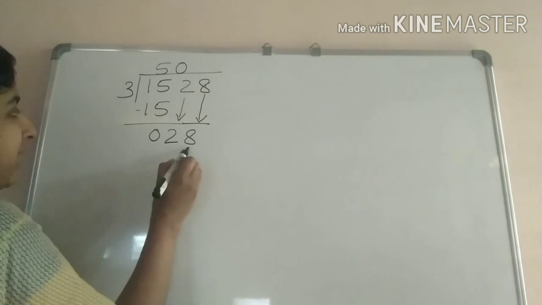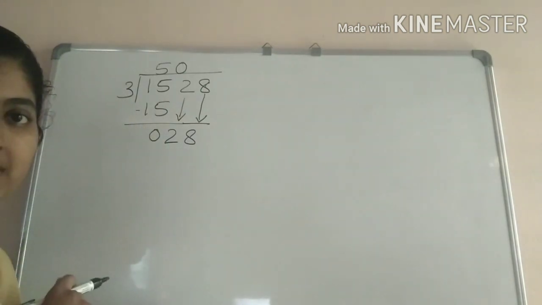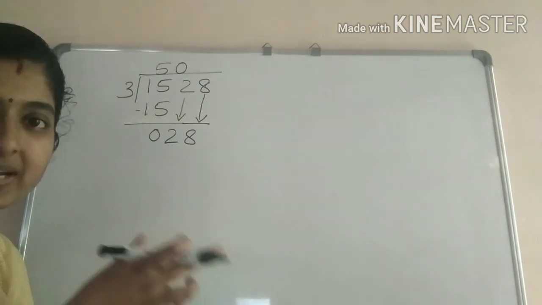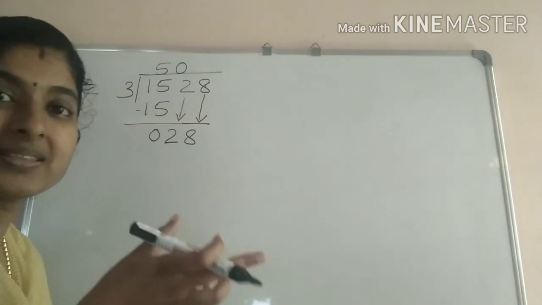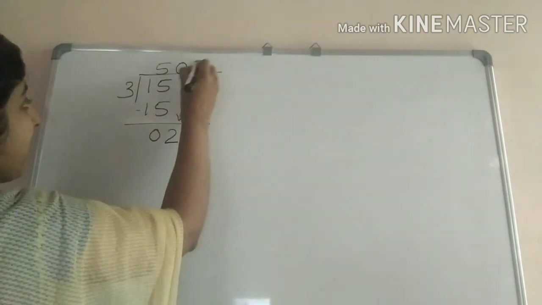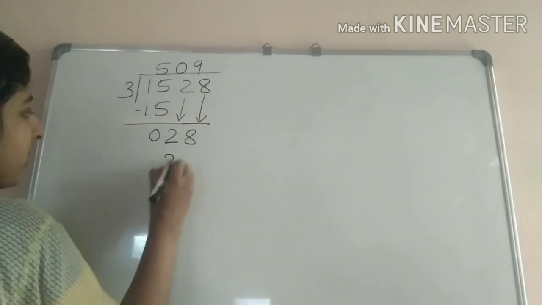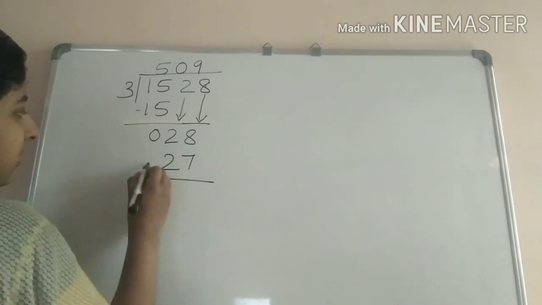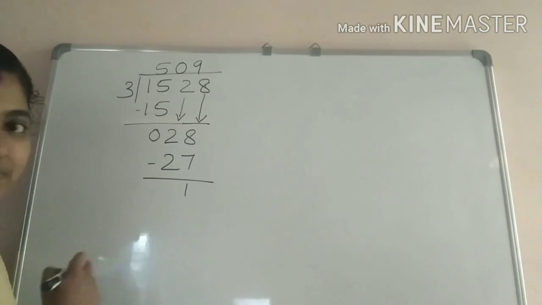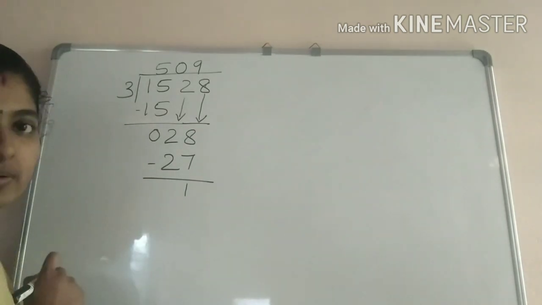So, this 28 has how many 3's? Yes, 9 3's are 27. Then 10 3's are 30. Here only 28. So, we take 9 times. 9 3's are 27. Then 28 minus 27, answer is 1. That is, remainder is 1.